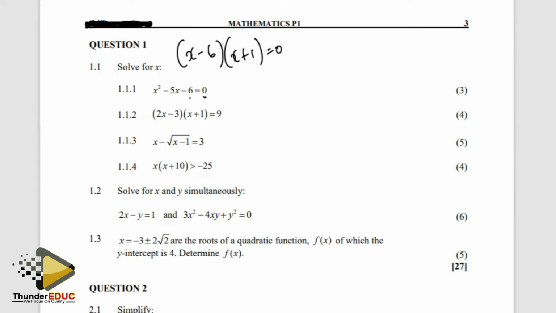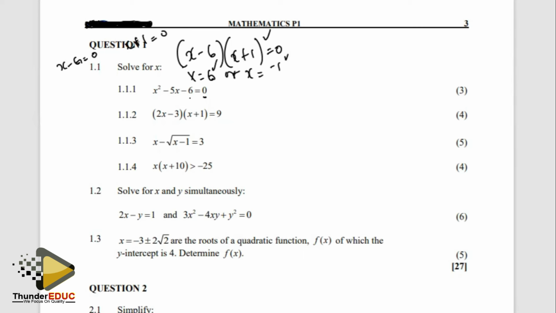If I open this up, I'll get this whole thing, which means x is 6 or x is negative 1. So we get these final answers by equating each bracket to 0, like x minus 6 is equal to 0, and then x plus 1 is equal to 0, and then we solve these equations on their own. So that is what we would get for the 3 marks.